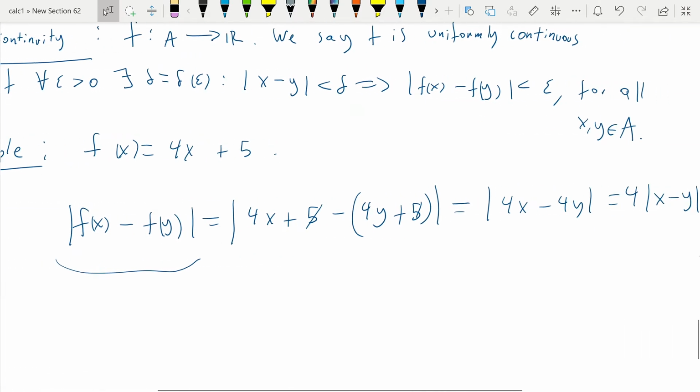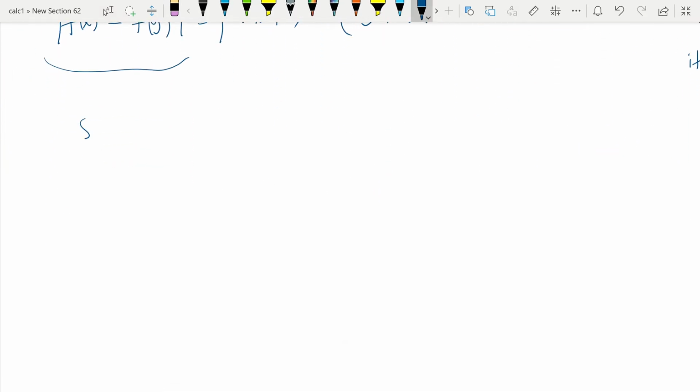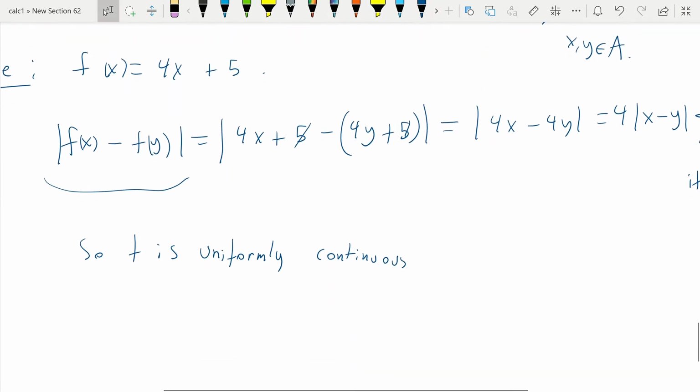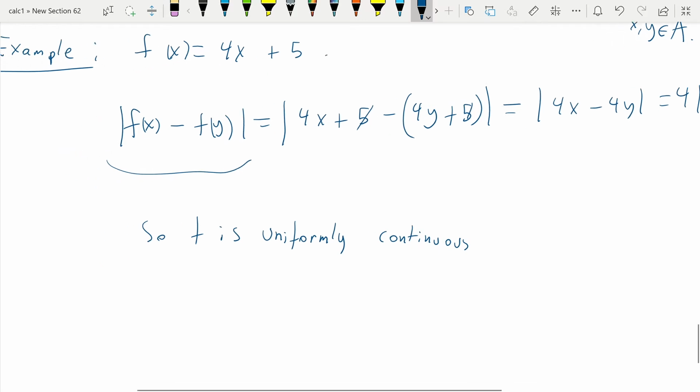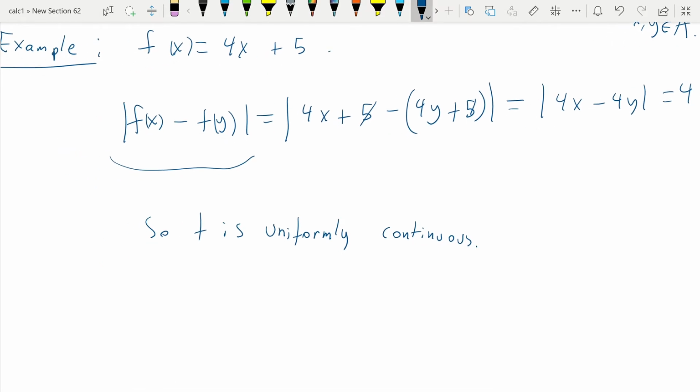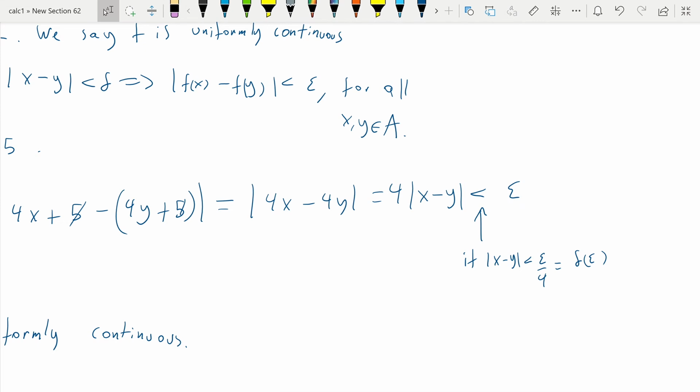Another example, so this is clearly uniformly continuous. So f is uniformly continuous on all of R, and in every subset of R as well, because no matter where you are or where you restrict your domain to, this condition is the same.